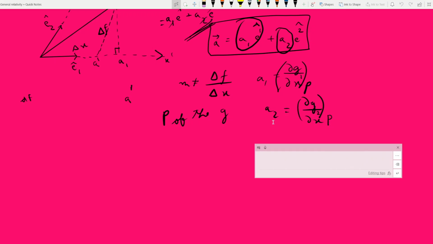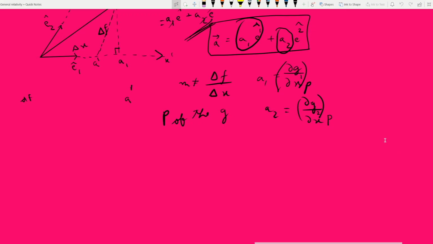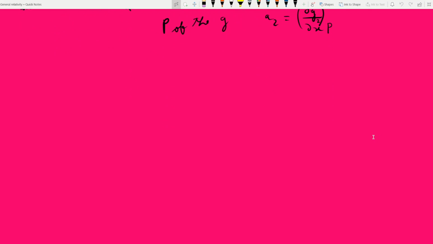Now let's talk about the metric tensor. In general relativity, you'll see something like this in the Einstein field equation, g mu nu. So what is g mu nu?